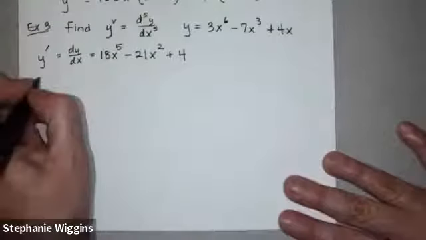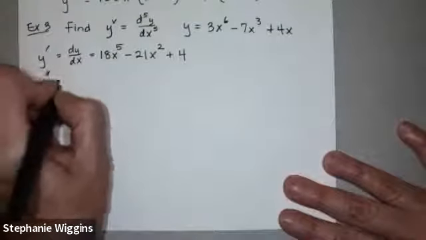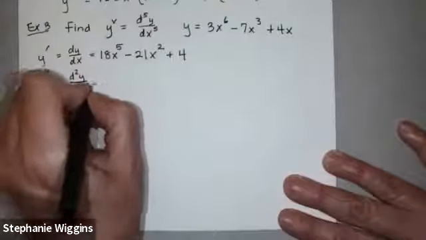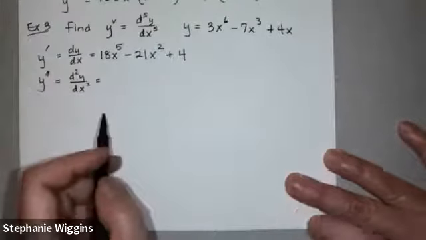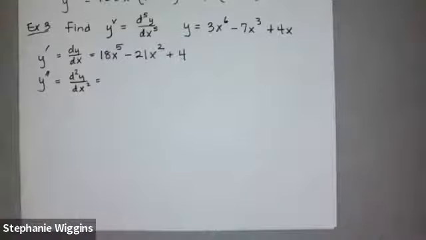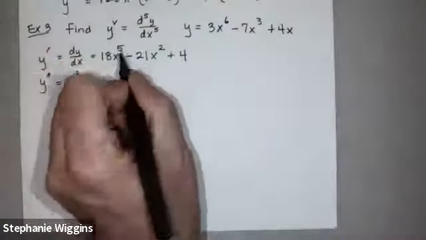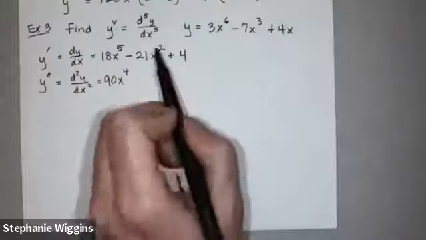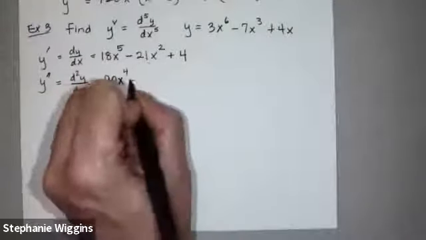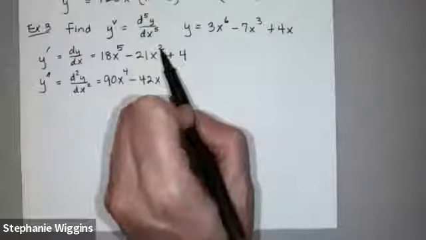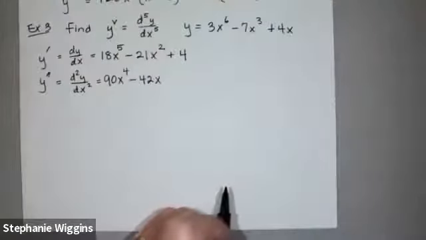Now the second derivative. Five times 18 is 90, x to the 4th power, because I subtract 1. 2 times negative 21 will be negative 42x, subtracting 1 from the 2.